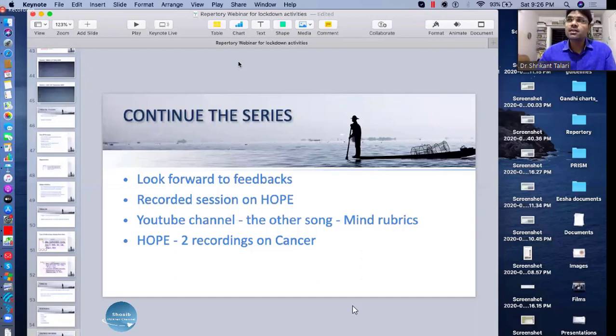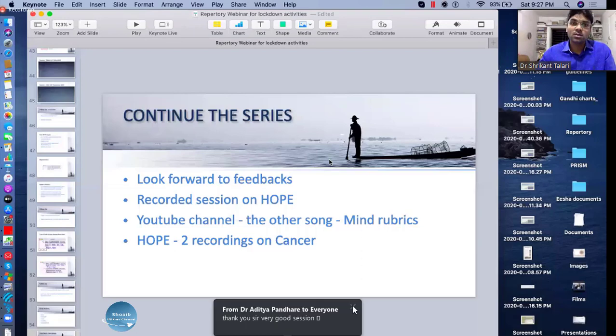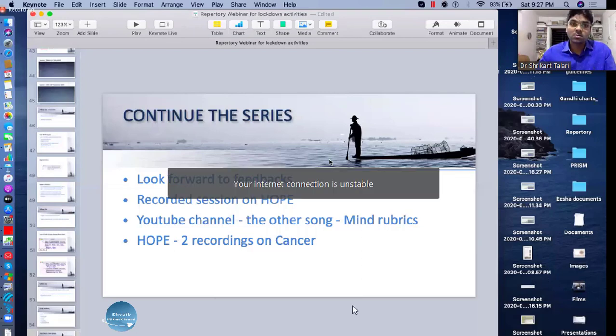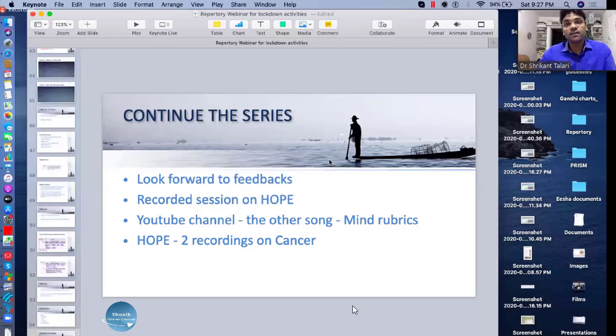And the same in the case of Bufo: because the mental symptoms were very clear, I gave 1M BD for 2 days, and later on I gave him lower potency, that is 30, 200.